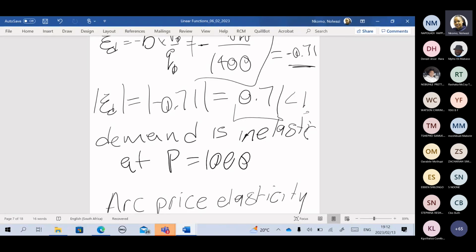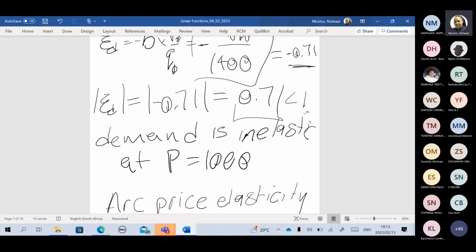And another point is that if we make an increase of 1% in the price, this will result in 0.71% decrease or increase in demand. The correct option will have all these statements correct.